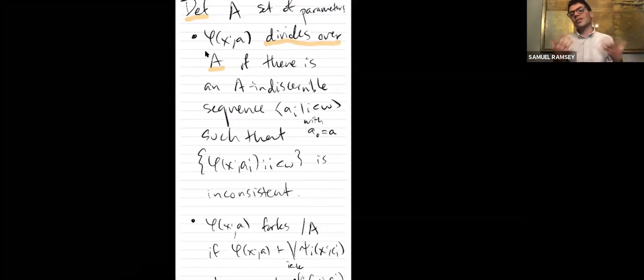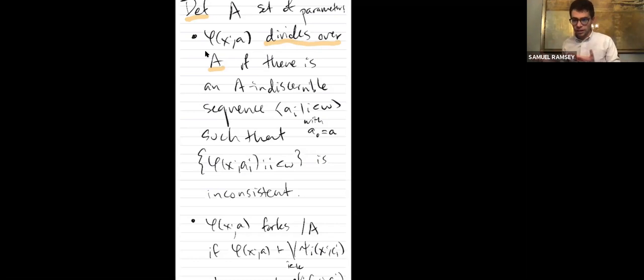So you're moving. Okay, so this is why you think about it as moving the formula. I have some indiscernible sequence that starts with the parameter. What I'm doing when I'm moving is I'm moving my parameter from one thing with the same type to something else with the same type along this indiscernible sequence and obtaining a k-inconsistent collection of formulas. So the significance there is very important.